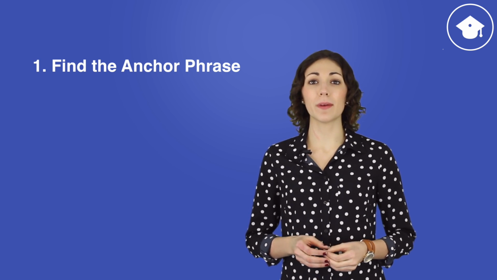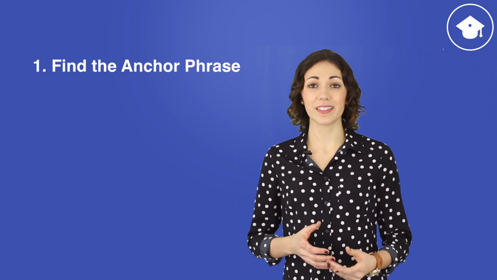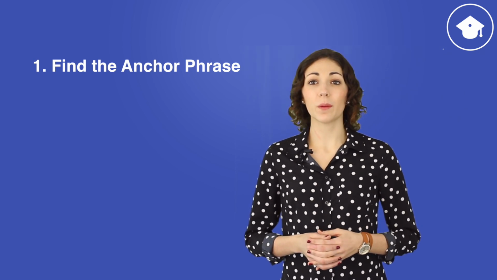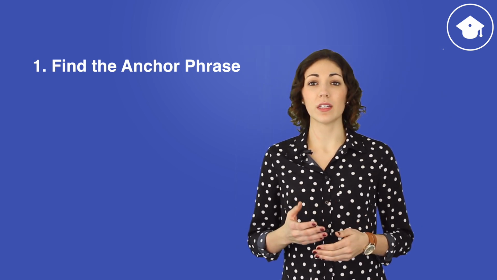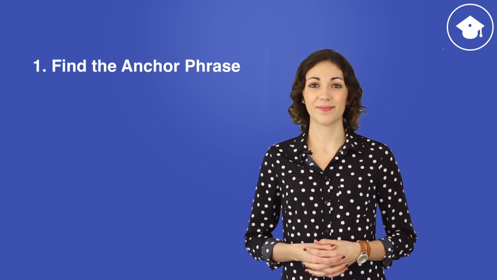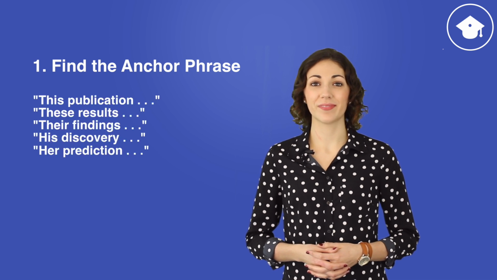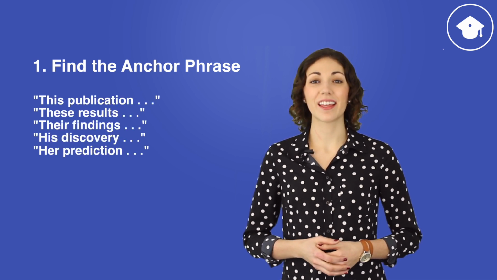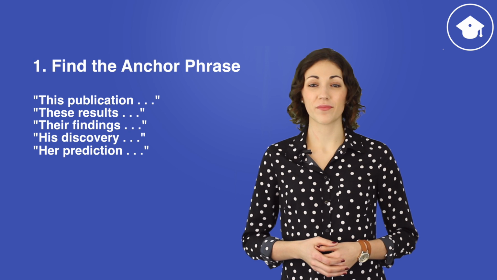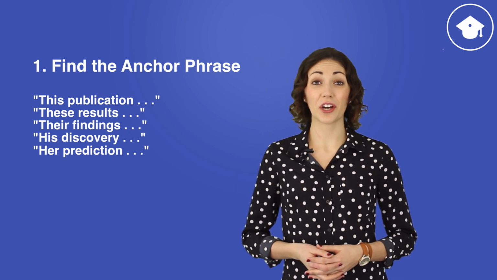It will normally be a phrase at the beginning of the sentence that explains what the sentence is about. It will begin with this or these or some other phrase followed by a noun. Examples of anchor phrases are this publication, these results, their findings, his discovery, her prediction.